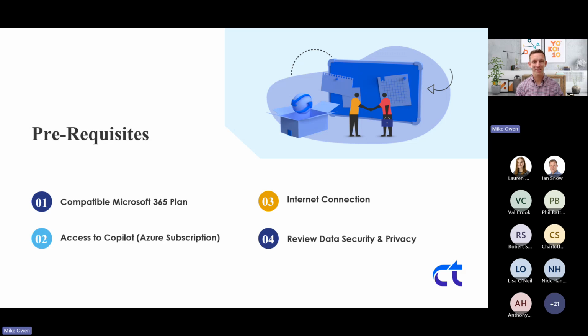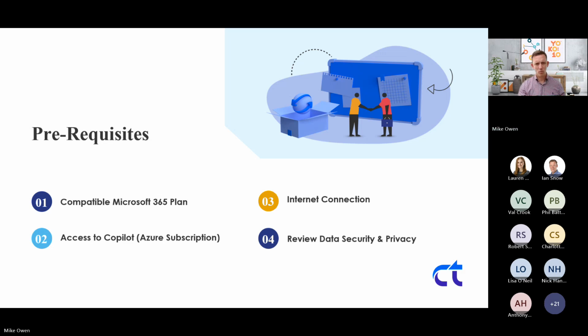It does require access into the Microsoft Graph to look at how you interact with the content in your organization. It does require access to the large language model that Microsoft maintains for us. So it doesn't work offline at all. And then the last one is you do really need to have a review of the security and privacy of your data.